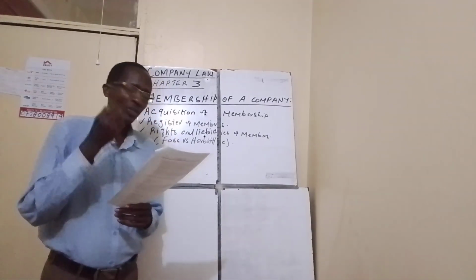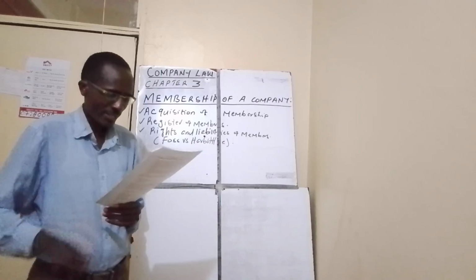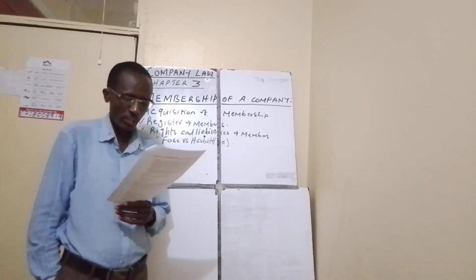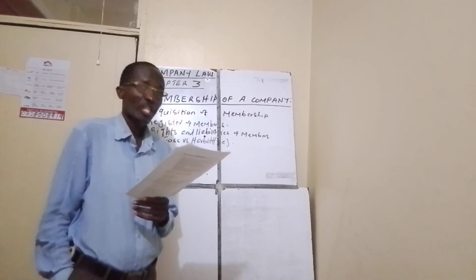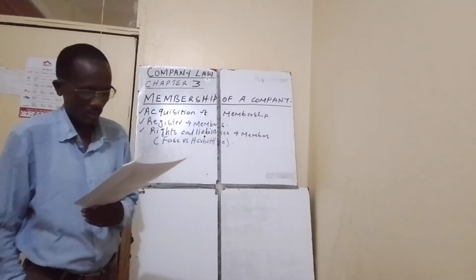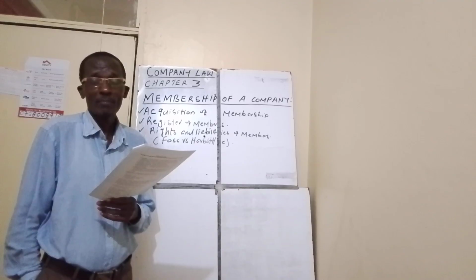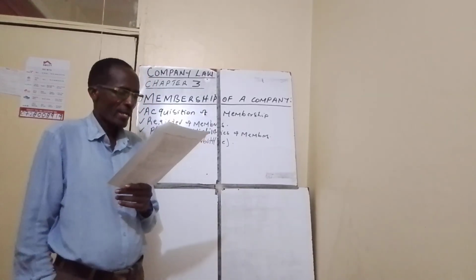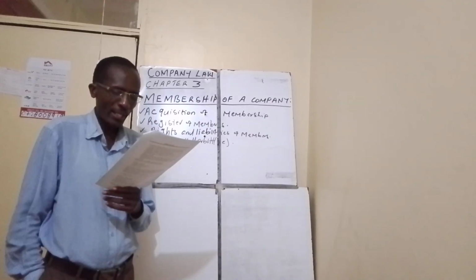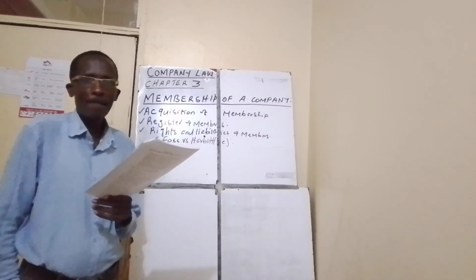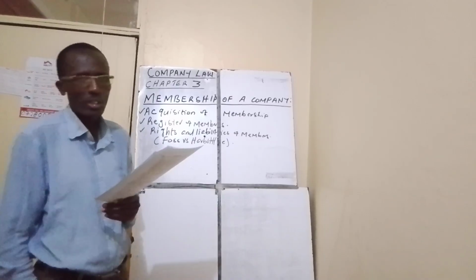Right to attend the meeting and vote at such meetings, right to transfer shares. I've mentioned what transfer of shares and transmission of shares mean. Right to receive bonus shares and other benefits when they are declared. Bonus means shares issued to the existing shareholders for free.